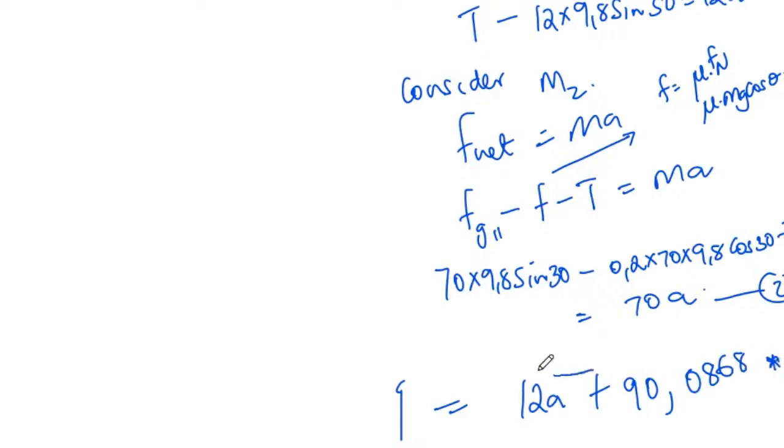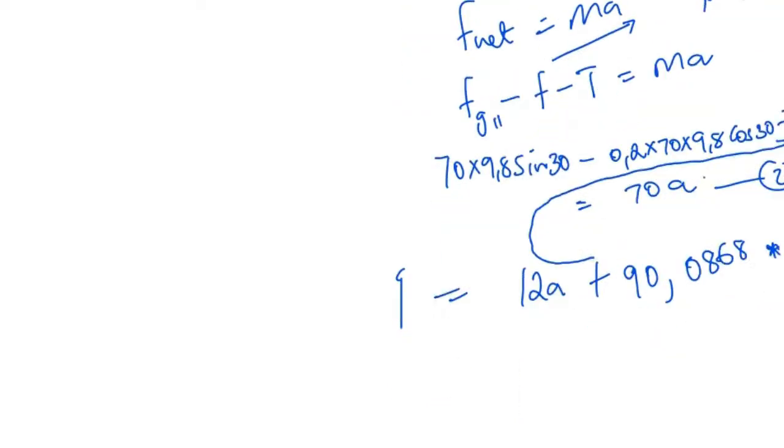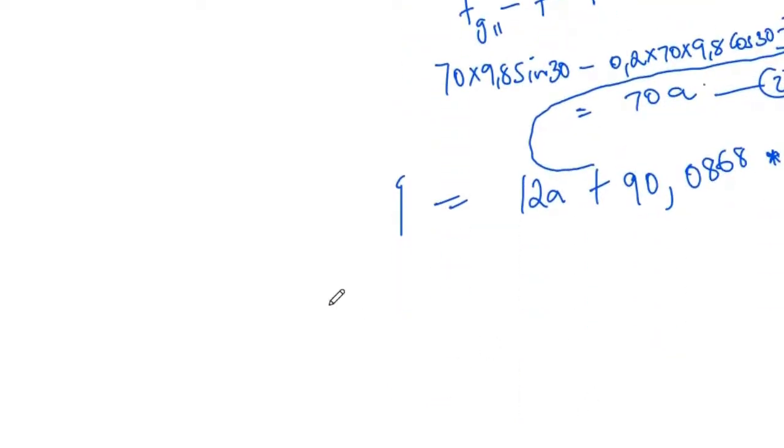Then I'm going to get this and replace it where I see the T. Then this is going to be 70 times 9.8 sine of 30, I'm getting 343, minus the frictional force 0.2 times 70 times 9.8 cos of 30, that gives me 118.819.